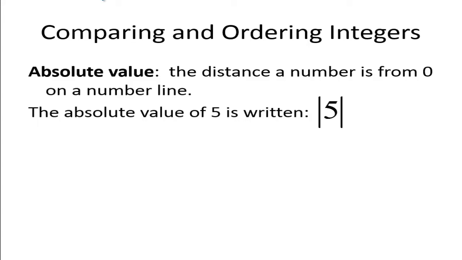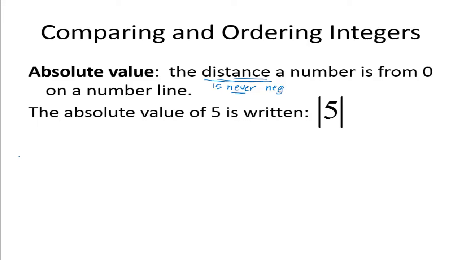Okay, another thing we talked about is the absolute value. The absolute value is the distance that a number is from 0. Okay, on the number line, absolute value is distance. And one important thing about distance is that distance is never, ever, ever negative.